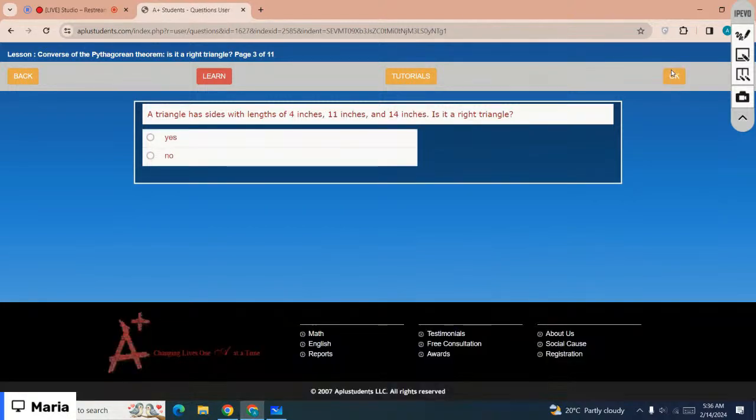Okay, for the next one, you have to answer, right? A triangle has sides with lengths 4 inches, 11 inches, and 14 inches. Is it a right angle triangle? Which is the correct option? Yes or no?